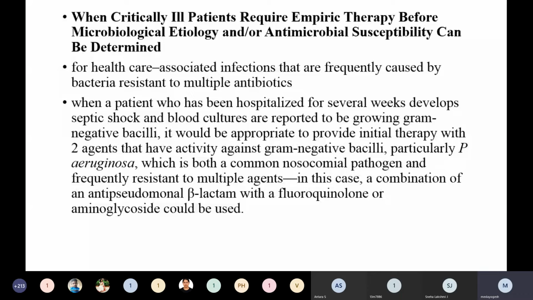So when a patient who has been hospitalized for several weeks develops septic shock and blood cultures show growing gram-negative bacilli, start initial therapy with 2 agents that have effect against gram-negative, especially as we know Pseudomonas is the main organism seen in hospital acquired infections, which is both a nosocomial pathogen and frequently resistant to multiple agents.